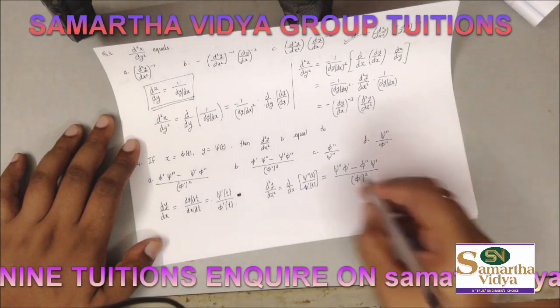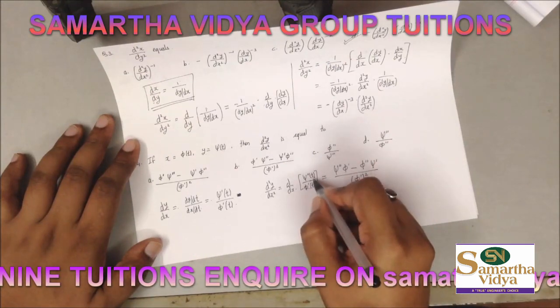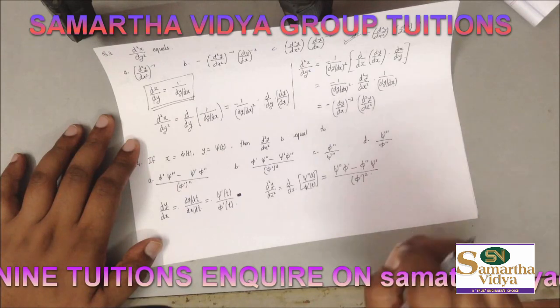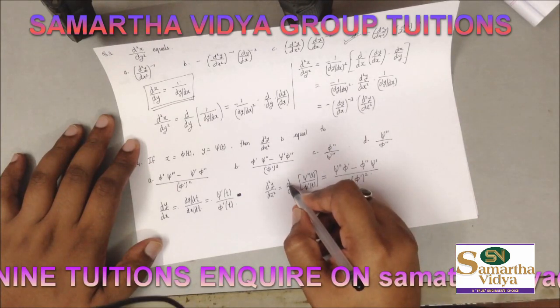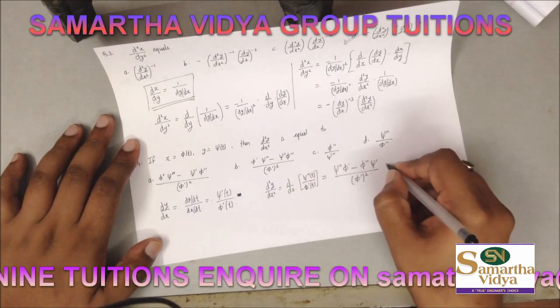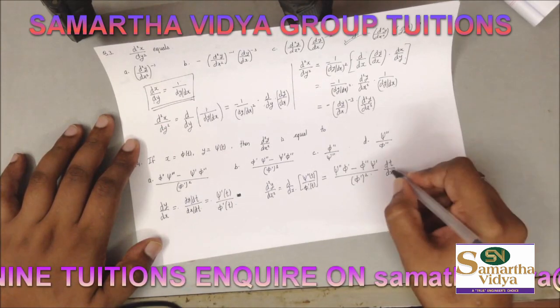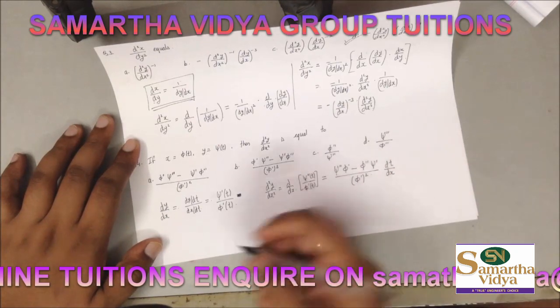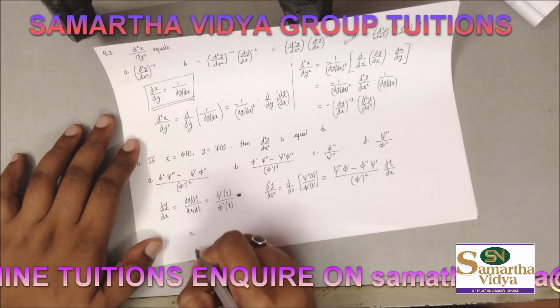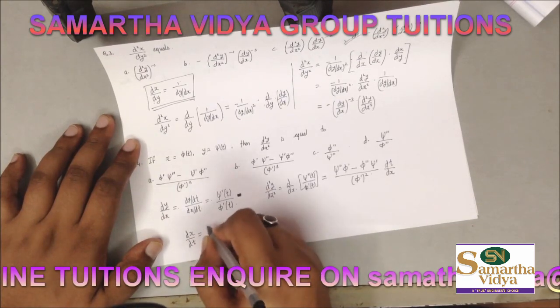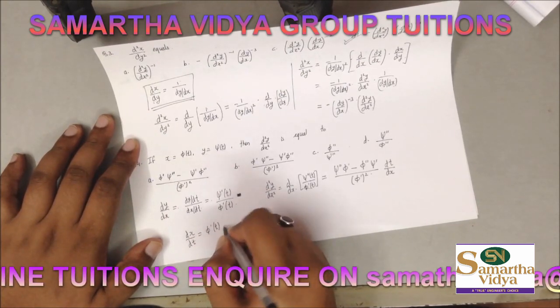Okay, so now as I said, these functions are of t. Now when I'm differentiating with respect to x, I have to have this term, that is dt by dx. Now in my dt by dx, we have not shown what it is. dx by dt is nothing but phi dash of t.